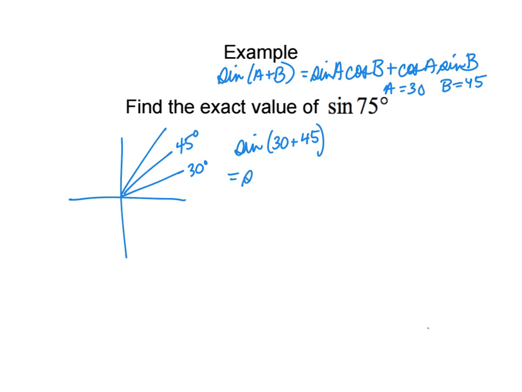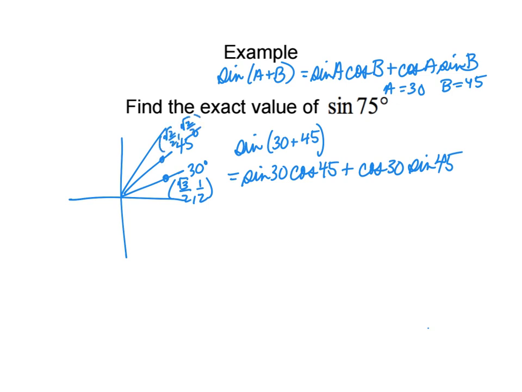So this is sine of 30 cosine of 45 plus cosine of 30 sine of 45. Again, I have to remember what my coordinates are here. At 30, this is square root of 3 over 2, comma, 1/2. And then at 45, it's square root of 2 over 2, comma, square root of 2 over 2.